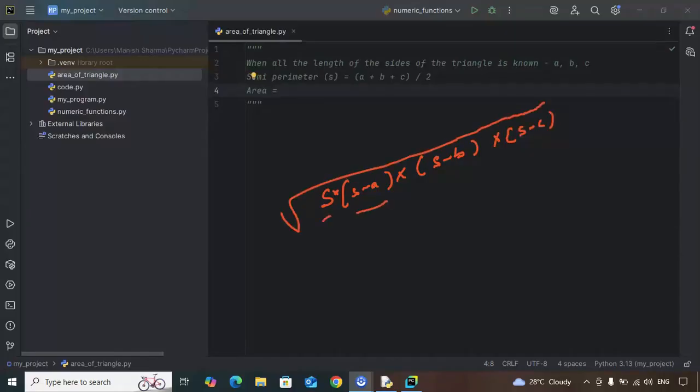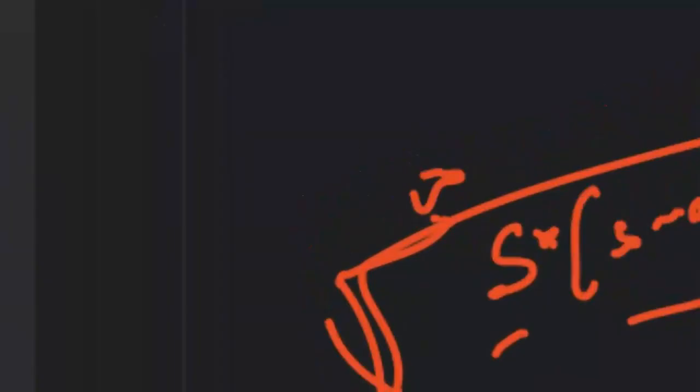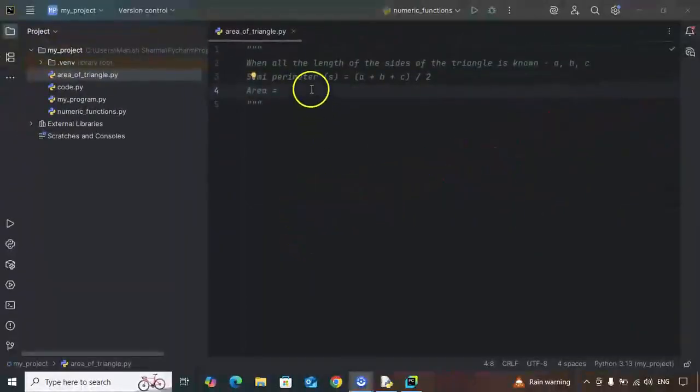That is the formula. So let me write it, square root of S multiplied by S minus A multiplied by S minus B.